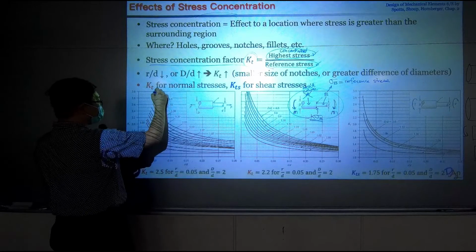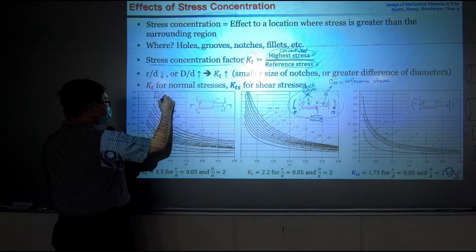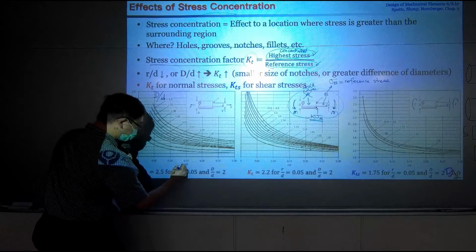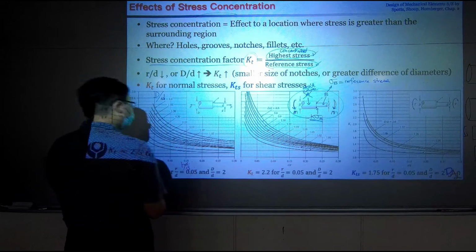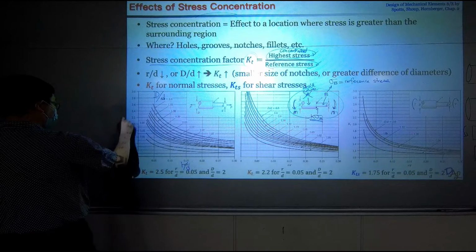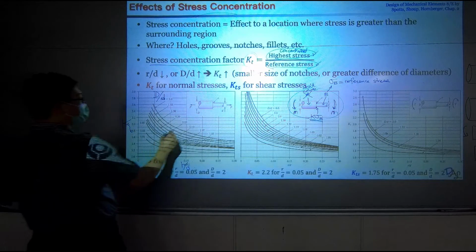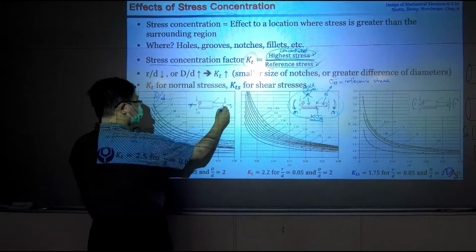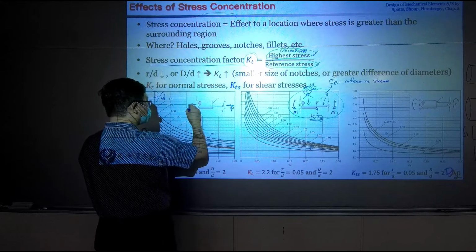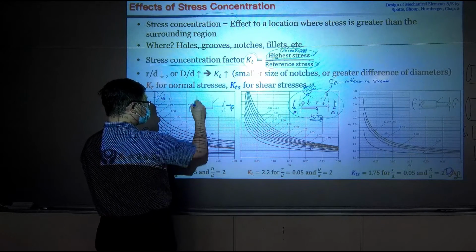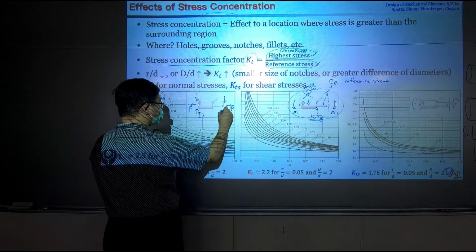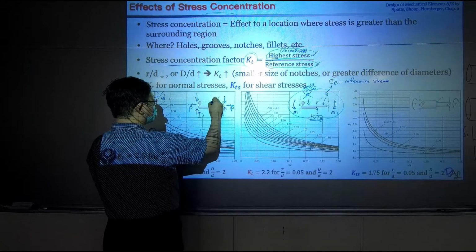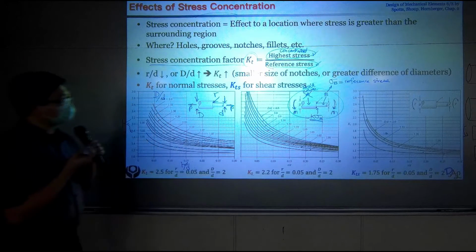Those values right here are capital D over small d, and here is basically r over small d, and here is K_t, and this is stress. This is diameter capital D, diameter small d, and the radius of the rounding.